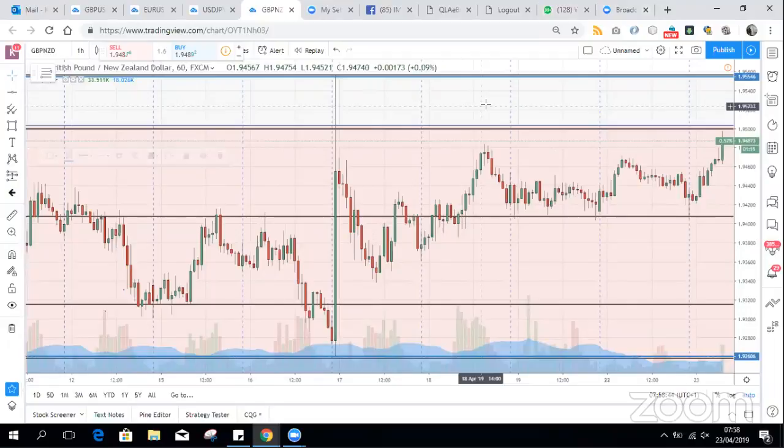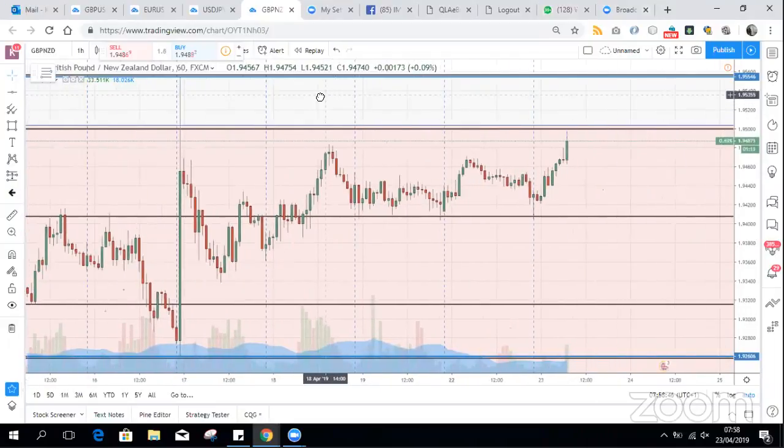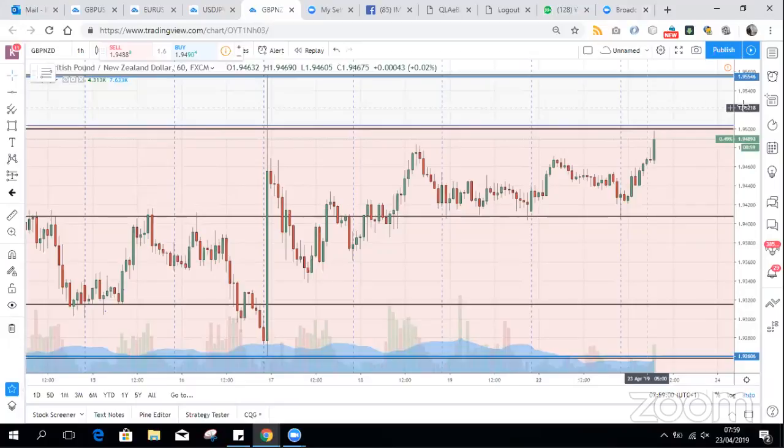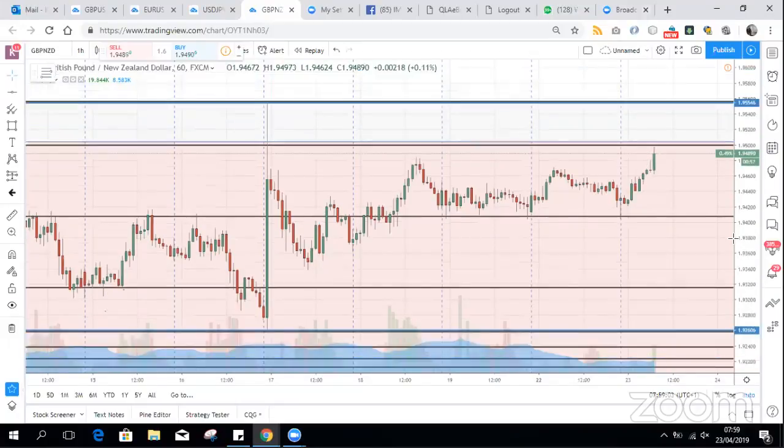High points, low points, midpoints tested. By default, first of all, the high point is the target. We have to go and reject it or have a stop hunt there. So automatically, this is at play.